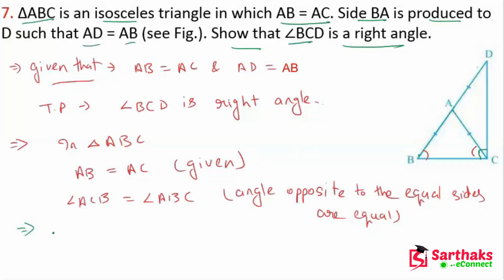In triangle ABC, we know that the sum of all the interior angles is 180 degrees.